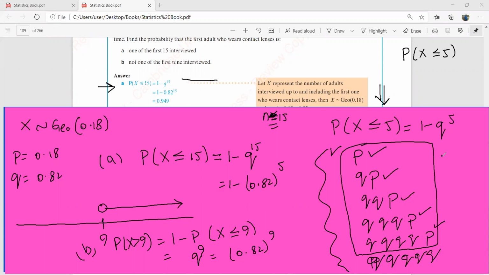This is your sample space. Do you remember the term sample space? All possible things happening within these 5 attempts. Suppose your mother is very generous and gives you 15 chances. You want to do that within the 15 chances. So this means you don't want to fail in all the 15 chances. So this has to be 1 minus q raised to power 15. Is that clear to you or not?